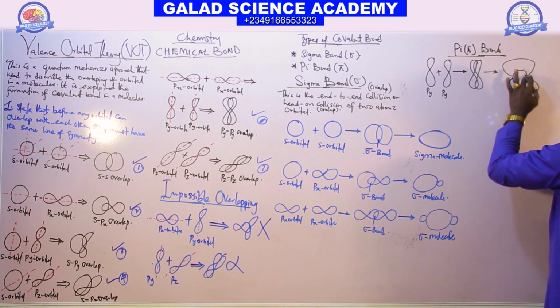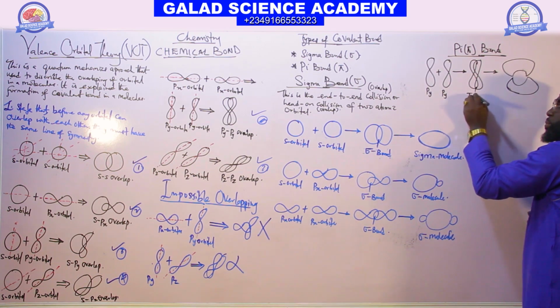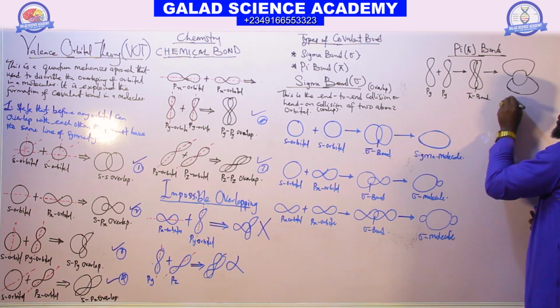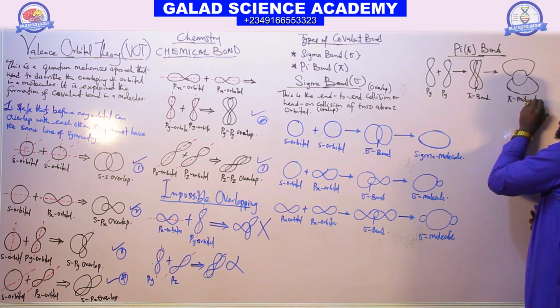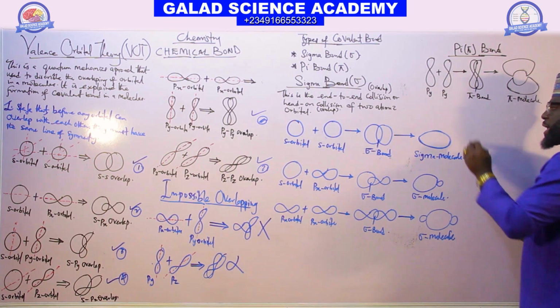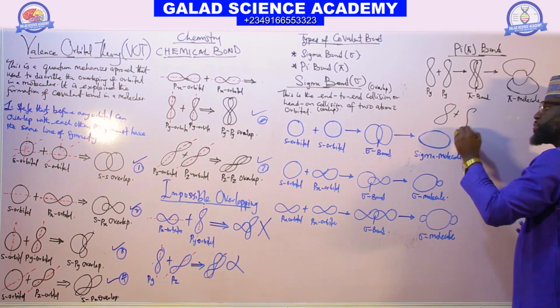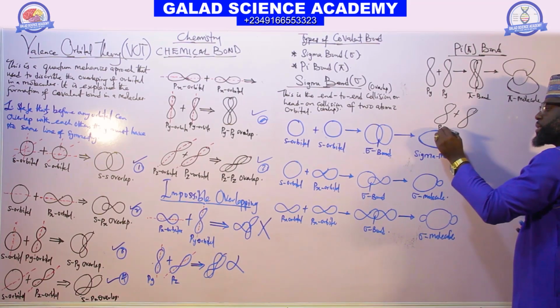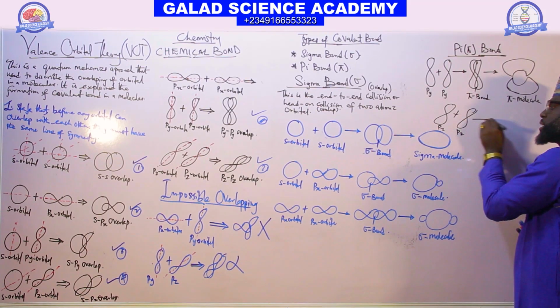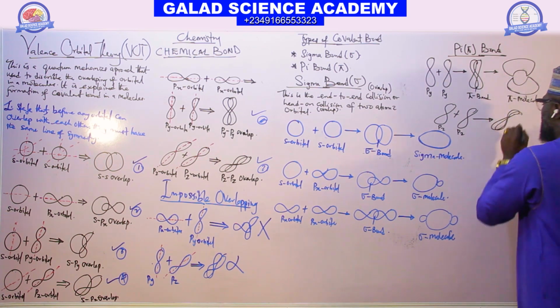When they overlap together, the bond here is pi bond, and this will be a pi molecule. The second overlapping for pi, we can have pz plus pz. When they overlap, we have them in this form.